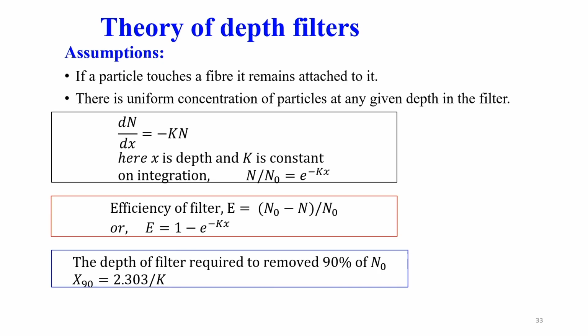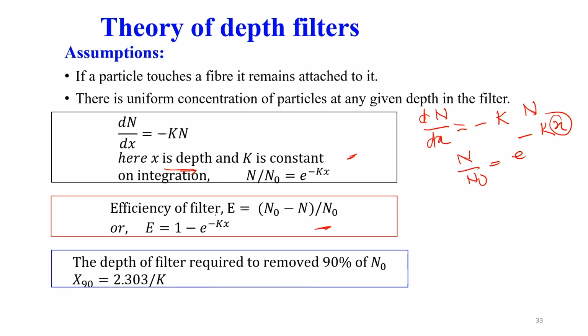Now, we can quickly revisit the theory, similar to the thermal rate kinetics. The only difference here is that dN/dx, where x is depth, not time, is directly proportional to minus k, the proportionality constant, times N, and we will end up with N/N0 = e^(-kx). x is the thickness of a depth filter.